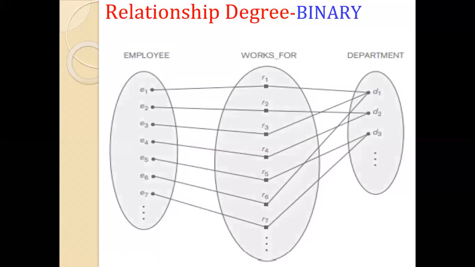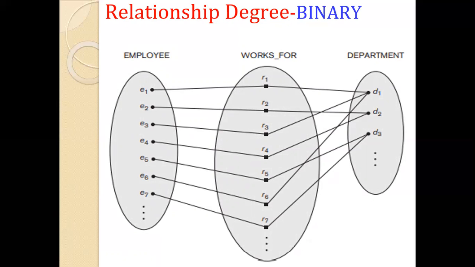Now, based on the number of entity types involved in this association, we can define the degree of the relationship. The degree of the relationship becomes 2 if the number of entity types involved is 2. So here in the works for relationship, we have two entity types. One is employee and another is department.